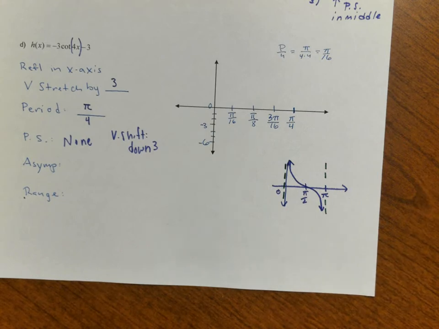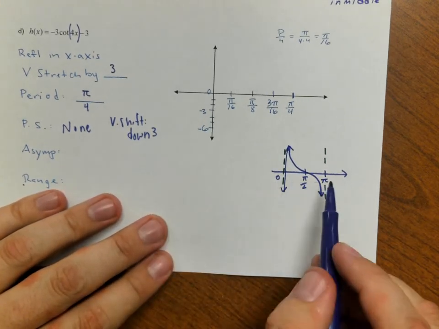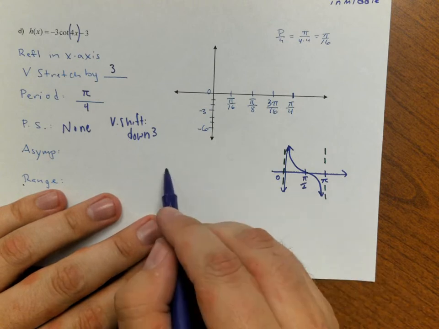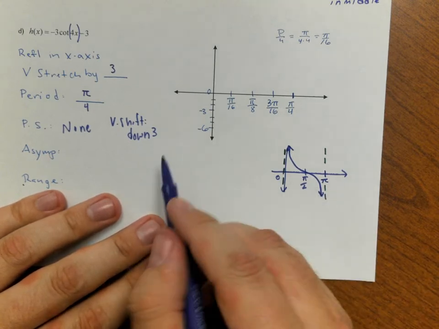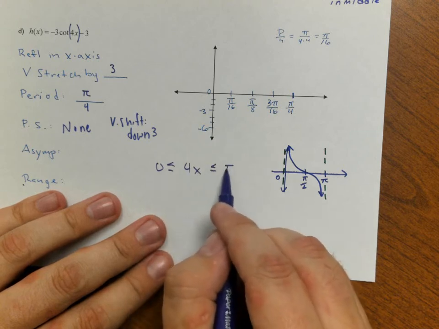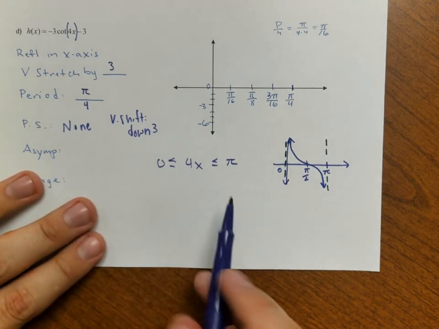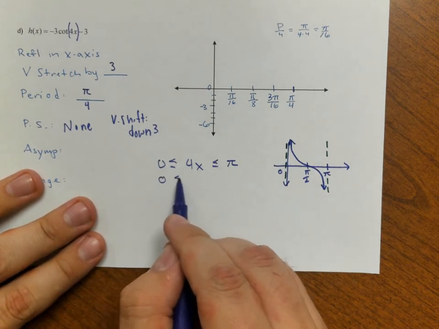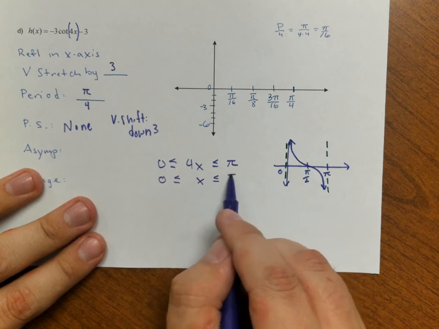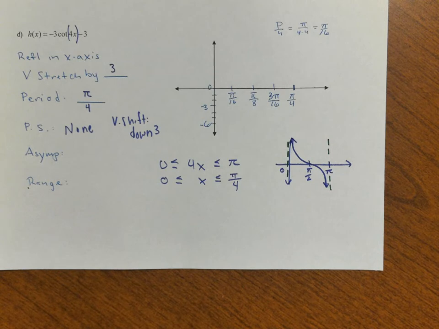I apologize. I realize I'm sitting right here, and what I didn't do was do my bookends. My bookends for my cotangent are from 0 to pi. That was why I drew this. So if I go from 0 to pi, well, there's no phase shift, so this ends up being a very quick bit of math. I just divide by 4 and go from 0 to pi over 4.